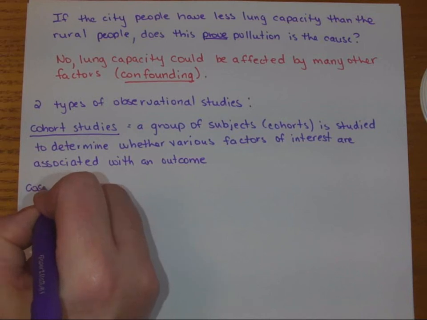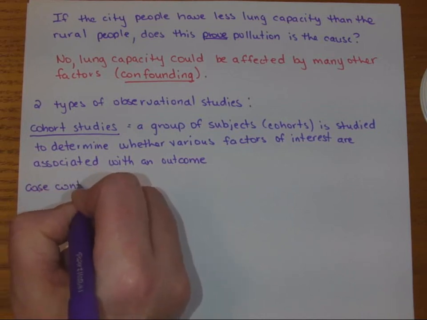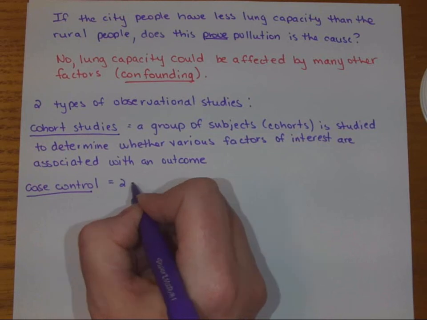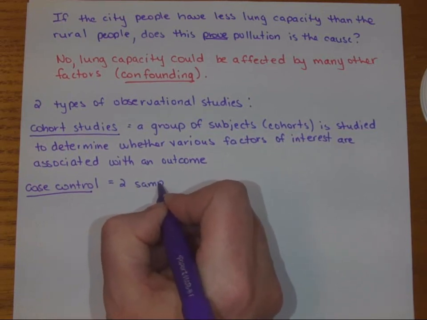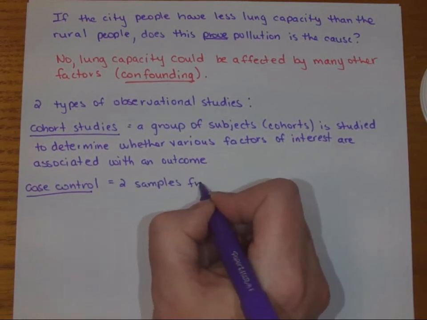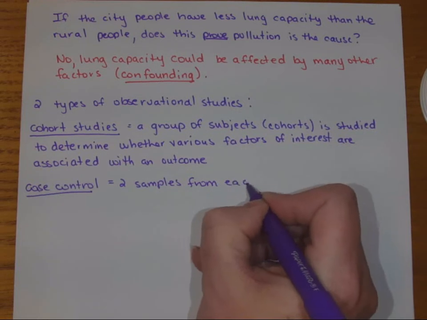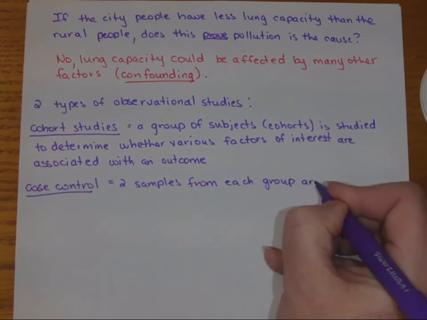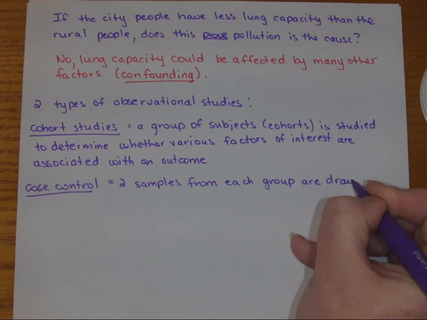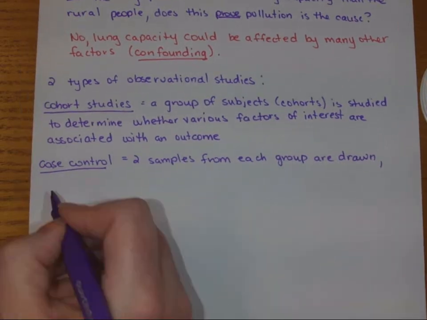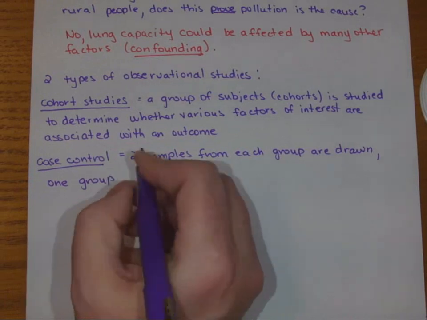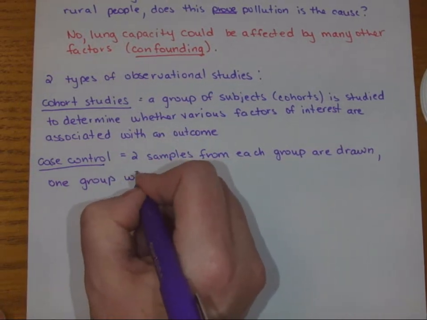A case control study is where two samples from each group are drawn. One group with the characteristic you're trying to study and one group without.